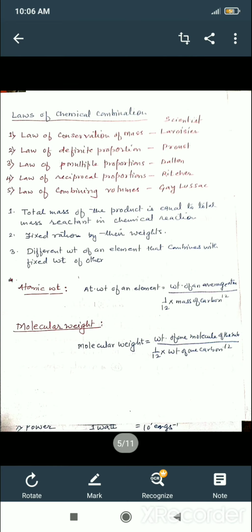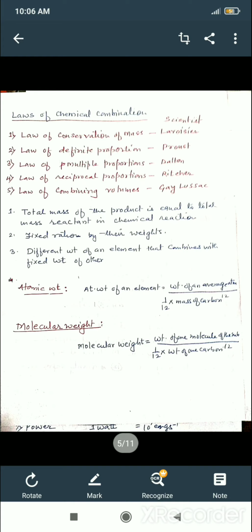Now the third part is the laws of chemical combination. The law of conservation of mass is given by Lavoisier. Second is the law of definite proportion, given by Joseph Proust; the law of multiple proportion, given by Dalton; the law of reciprocal proportion, given by Richter; and the law of combining volumes, given by Gay-Lussac.